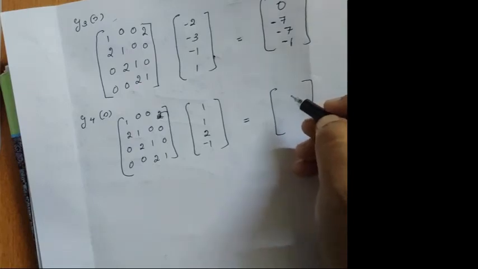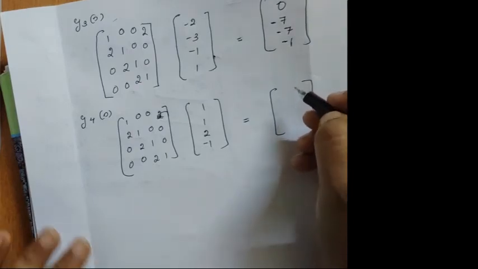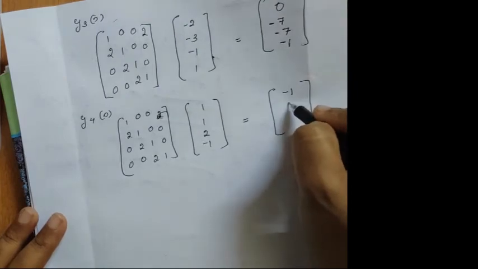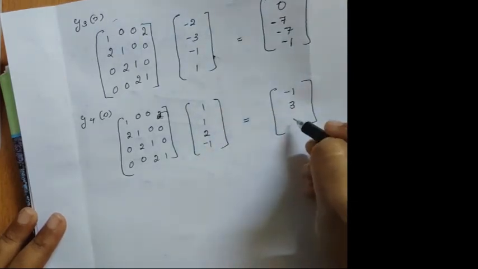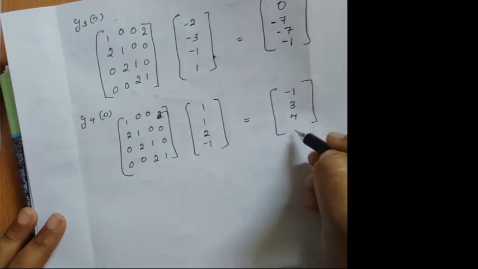The result is 1, minus 2, minus 1, 3, 2, 4, 2, minus 4, minus 1, minus 3.